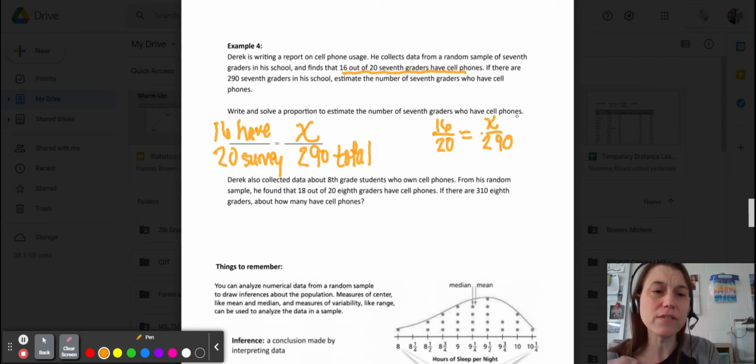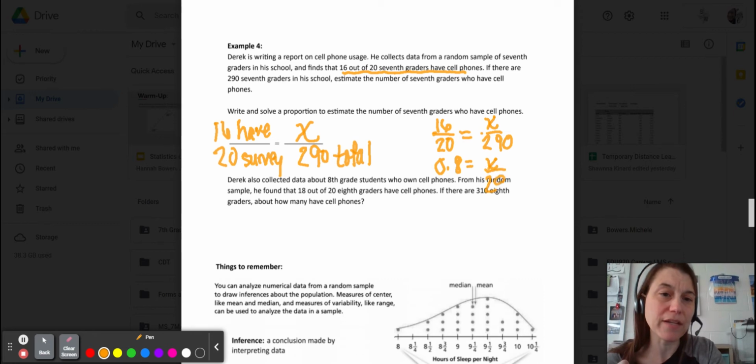To solve this equation, the first thing I'm going to do is simplify 16 over 20 by dividing. 16 divided by 20 gives the decimal 0.8. So 0.8 equals x divided by 290. Now how do I solve this? I'm looking at the right side.